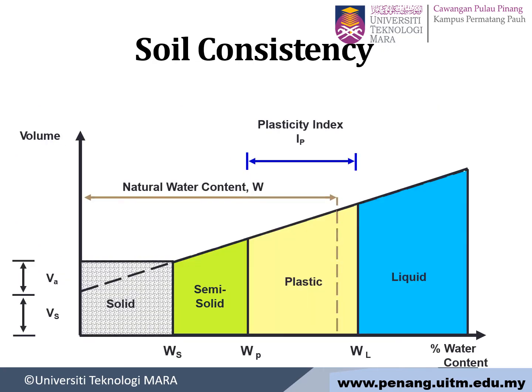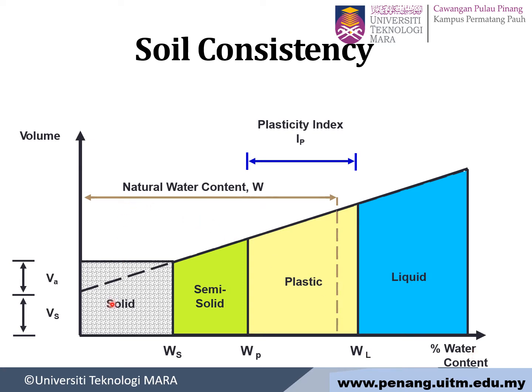Alright, now this is the soil consistency figure. If you look here, we have volume of air, volume of solid, and volume, and this one is water content. We have solid, plastic, liquid, and the water content acts as this.